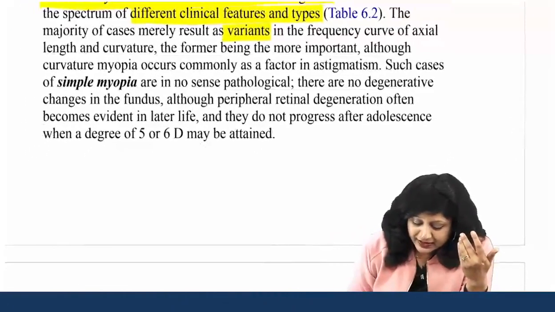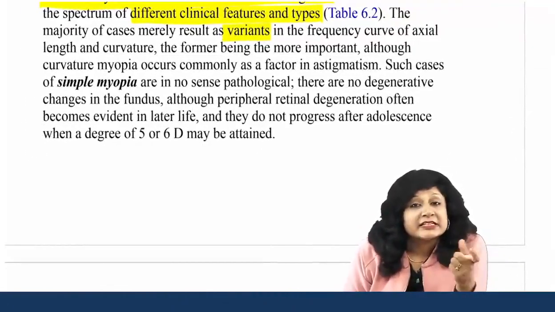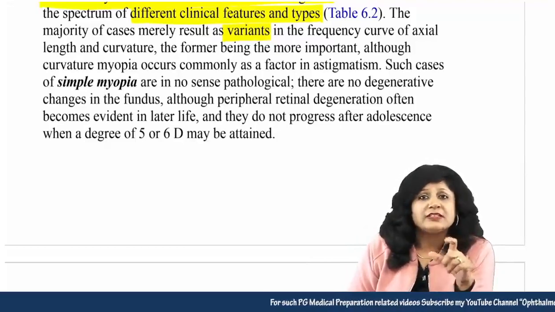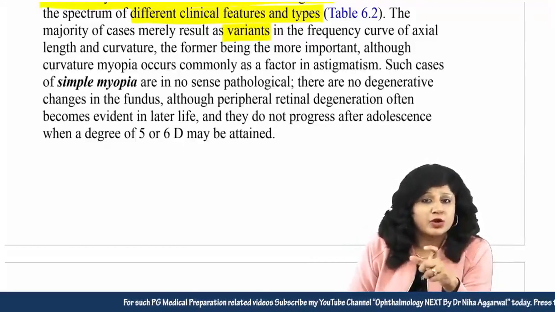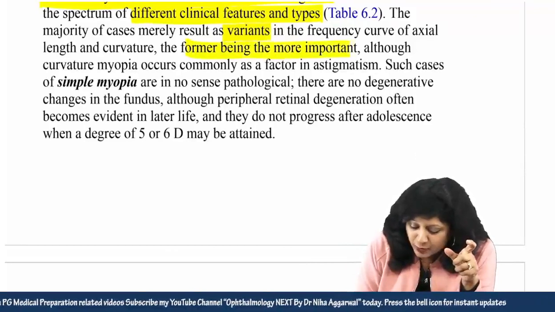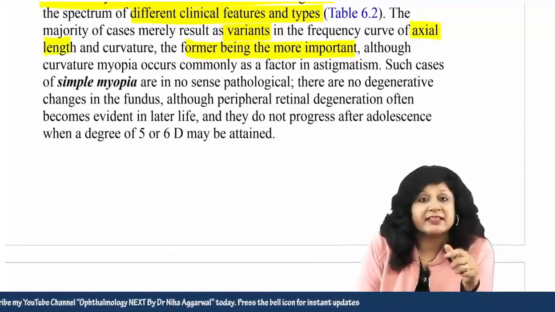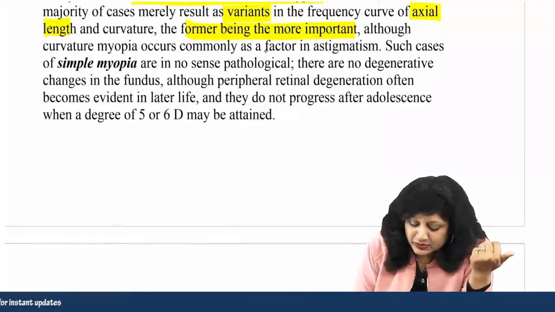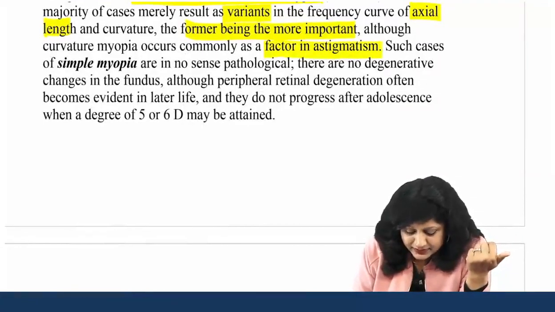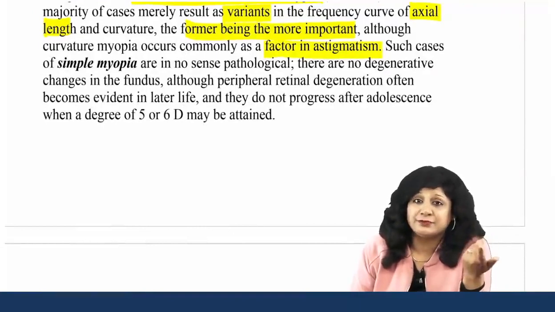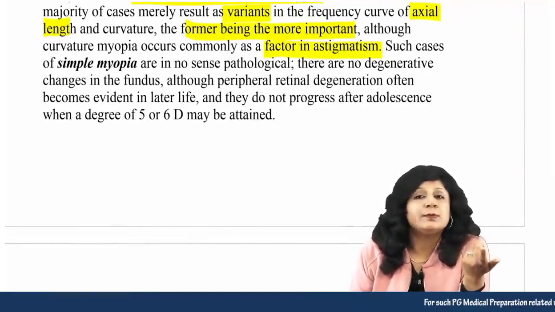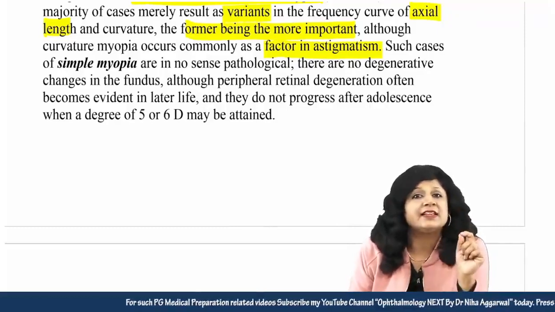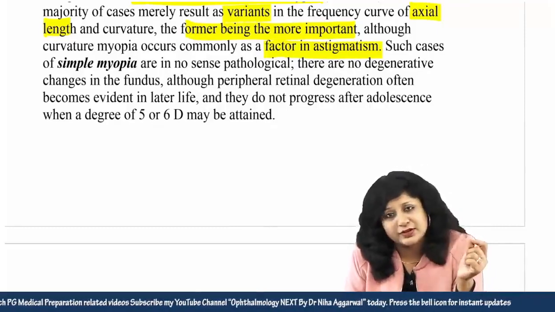They have told you very straightforwardly that axial length was the most common factor, the former being the more important. Again, they are confirming that. Although curvature myopia also occurs commonly as a factor of astigmatism. So we can have curvatural myopia also, but axial myopia is the most common, and overall axial length is the most important factor for refractive errors.